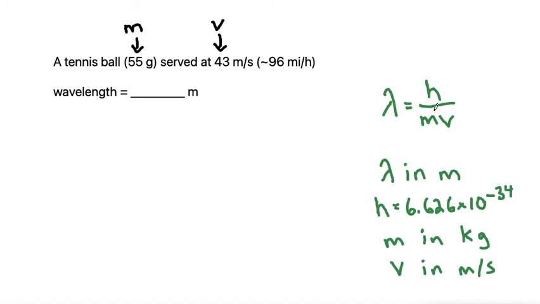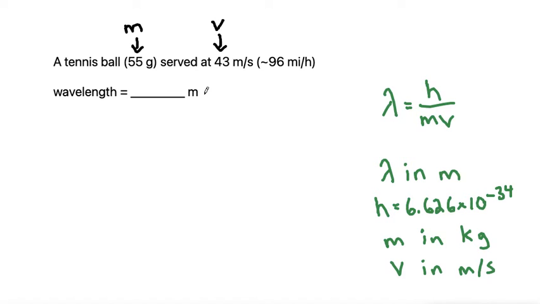So as long as you plug in those units, that will give us our wavelength, which is this Greek letter lambda, in a unit of meters. The question is asking for the wavelength to be in the unit of meters.